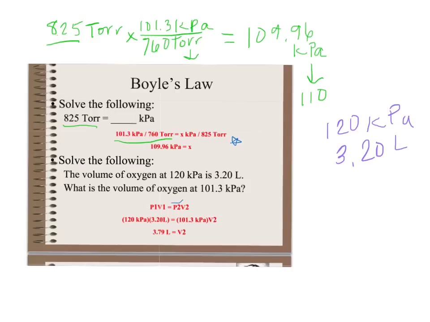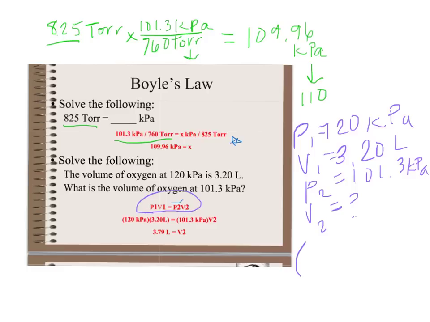So we've got our first pressure, P1, and our first volume, V1. And it's asking you for the volume, so we're looking for V2 at our P2 of 101.3 kilopascals.